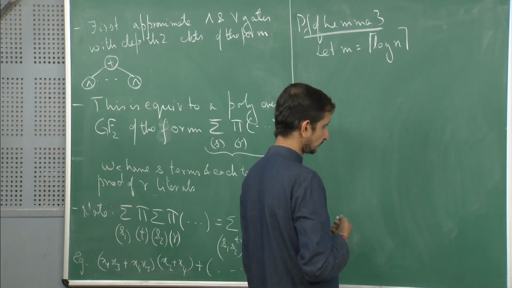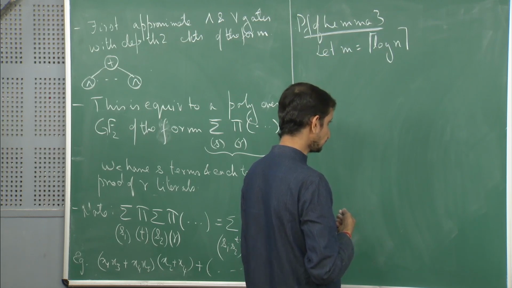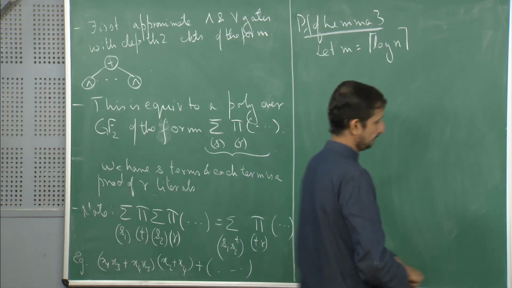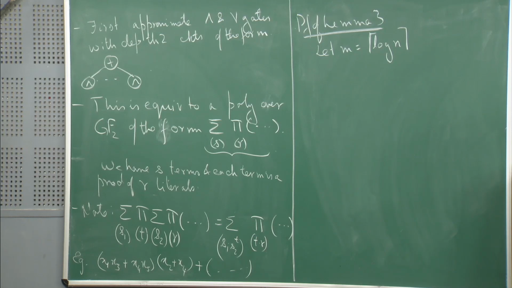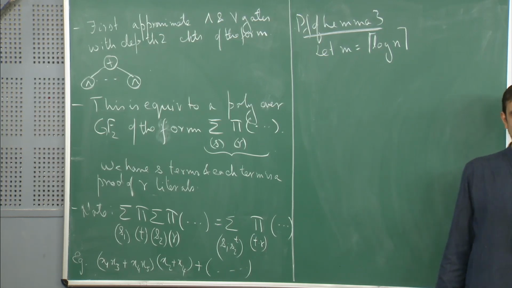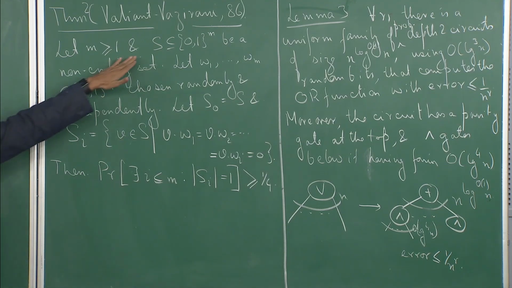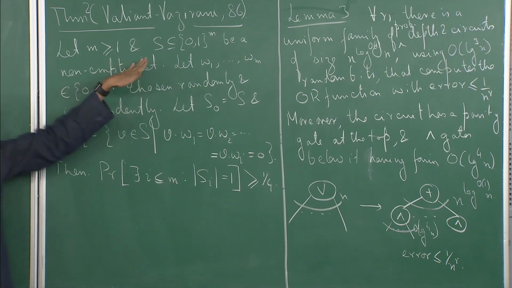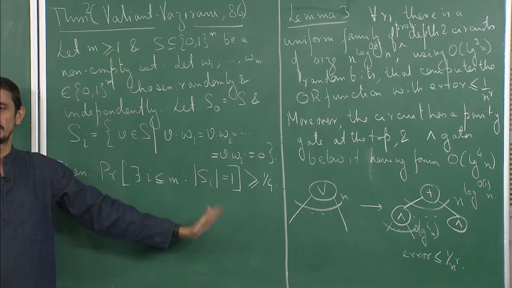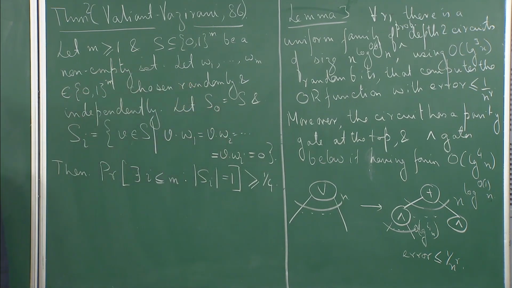Why is it log n? Because if I have to represent an index over here, the representation of that index takes log n bits, and that is essentially S for us. As I said, S will be all those indices which give an input 1 to the OR gate. That is why m is log n for us.